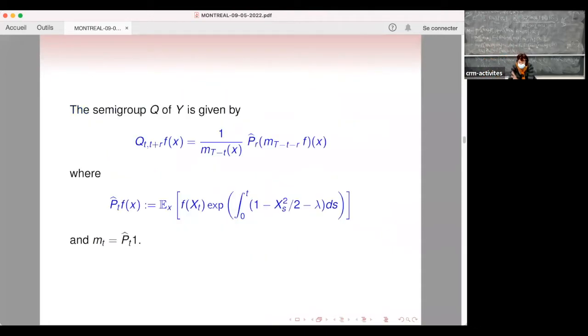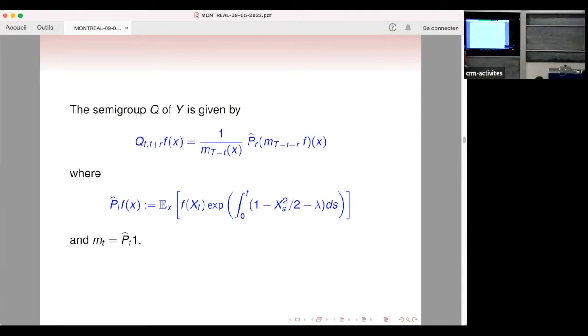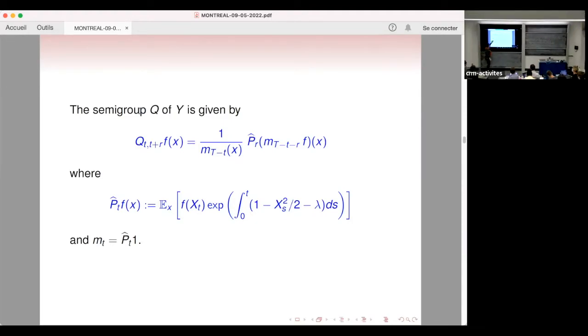So that's not new. You can write the semi-group, and you see that it depends on this weighted semi-group, which does not have mass 1.